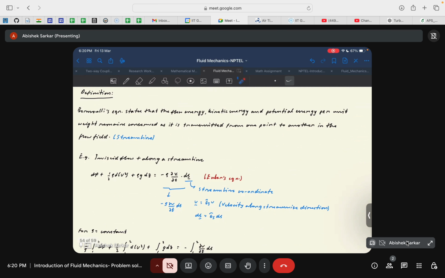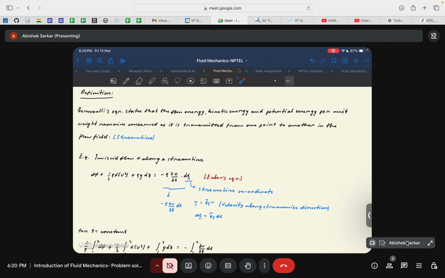Now let us discuss the unsteady part, okay. In the previous case, Bernoulli's equation, unless otherwise stated explicitly, represents the steady case, where the unsteady term is absent, and only the flow energy term, that is the pressure term, the kinetic energy term, and the potential energy term are there.